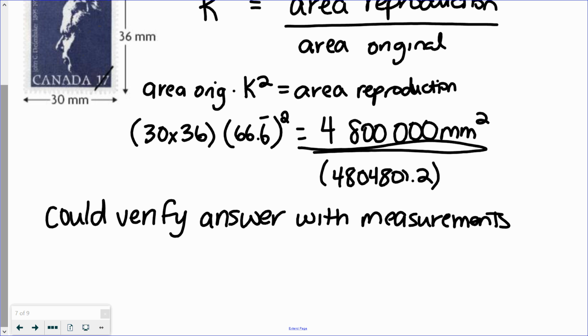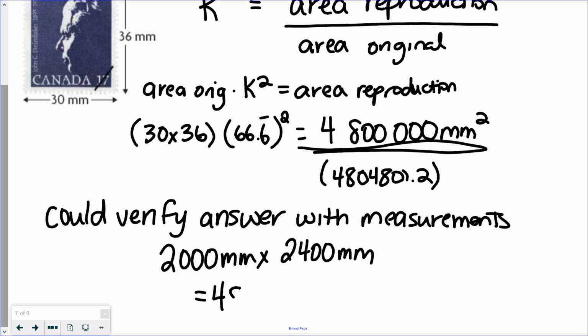Remember those measurements for the reproduction were 2.4 meters or 2,000 millimeters by 2,400 or 2.4 meters. And so if we multiply that out, you see we get 4,800,000 square millimeters. So two different ways that you could kind of see that, but again, understanding that formula and how it can be manipulated.